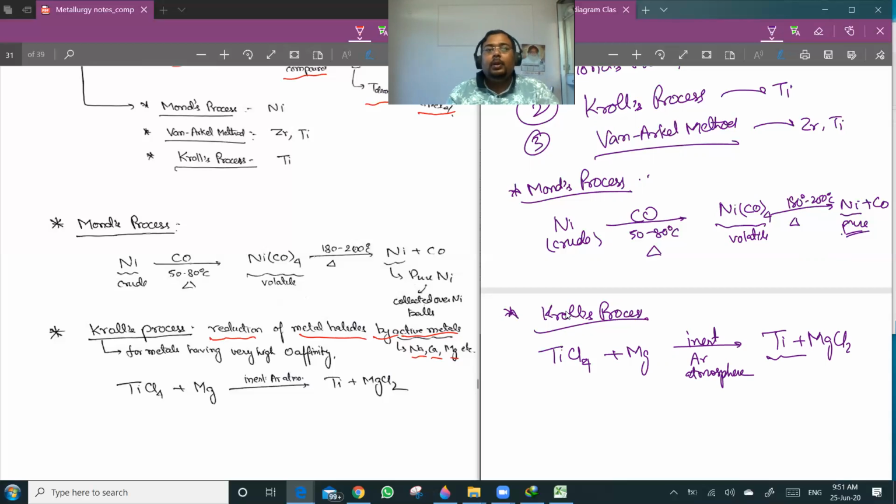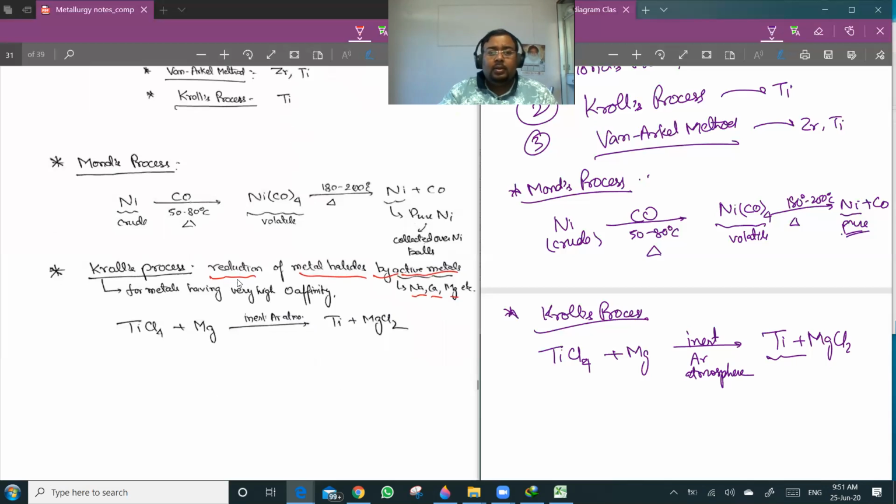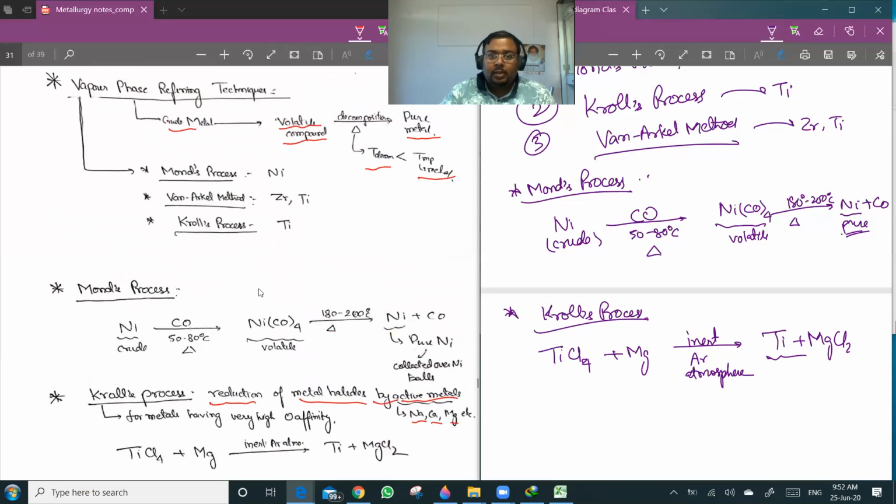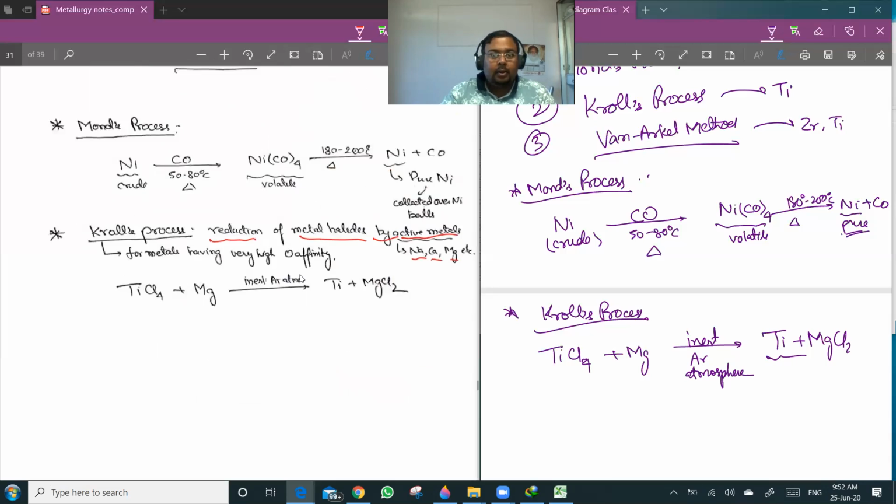But since we are using magnesium, which itself you have to prepare somehow, this is a costly process, and that is why it increases the cost of titanium. So this is all in refining techniques. The Van Arkel method we discussed yesterday, so this is it for refining.